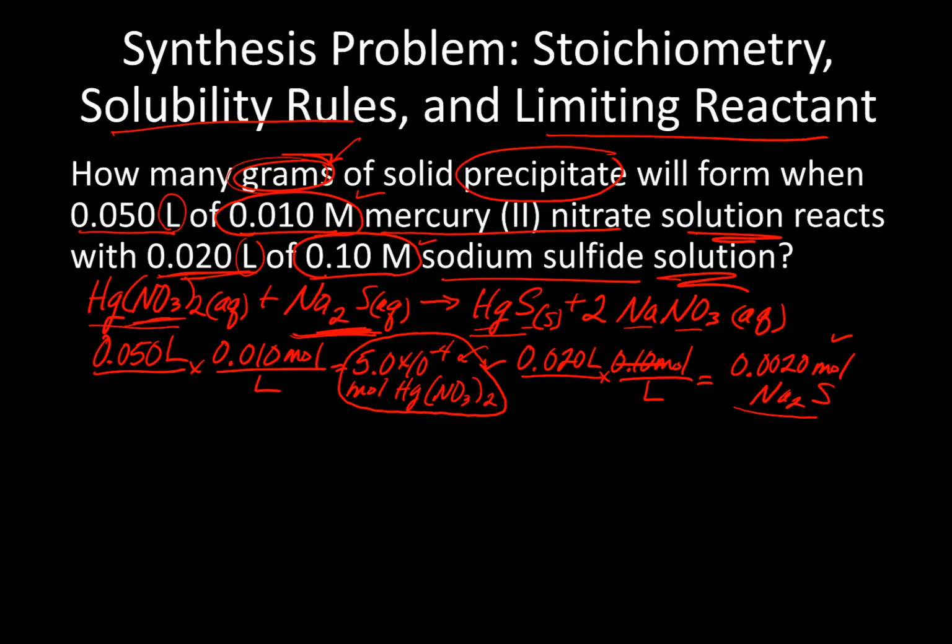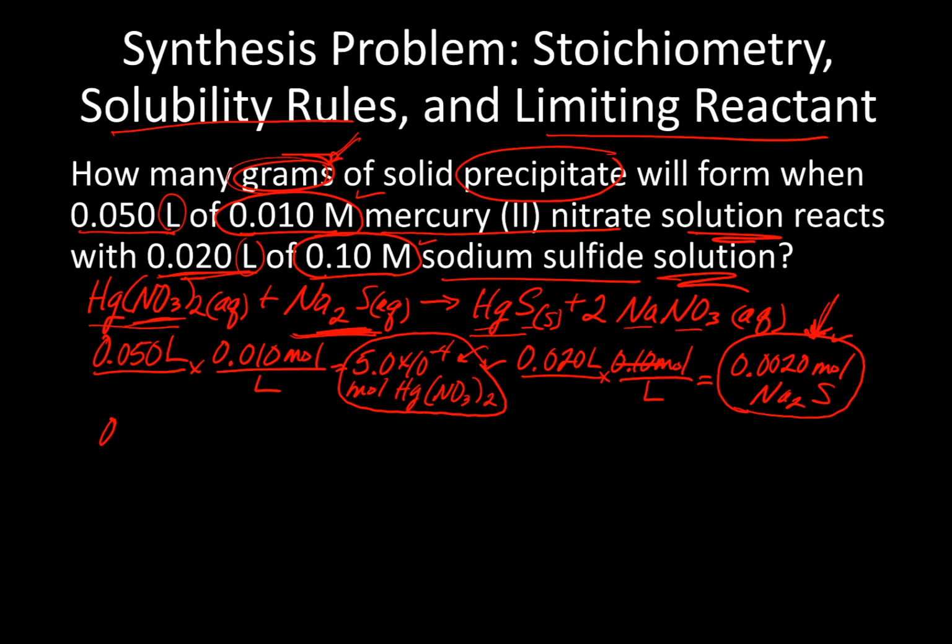And if I've got this many moles of sodium sulfide, how many grams of precipitate will form? Or I could just say, how many moles of mercury nitrate are needed to completely react with this many moles of sodium sulfide? And if I don't have enough mercury nitrate actually present to react with this amount, I know that it's my limiting reactant. So let's see what happens.